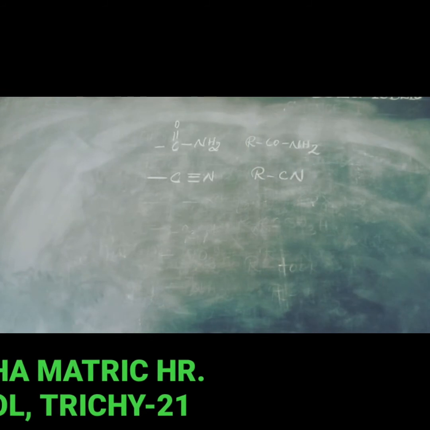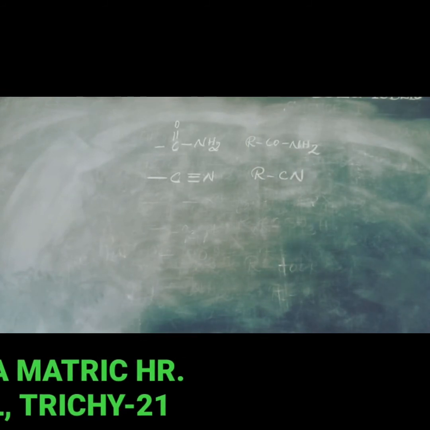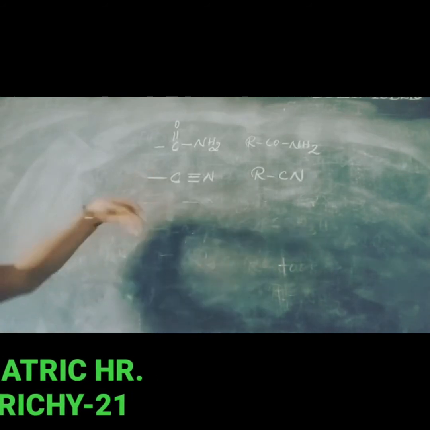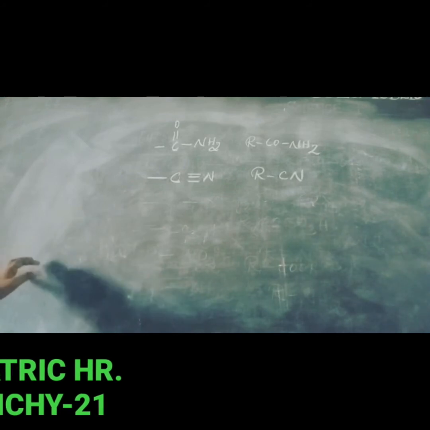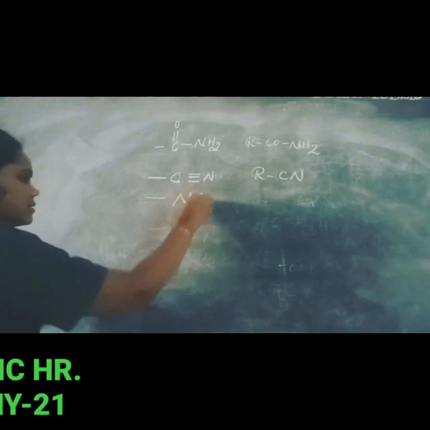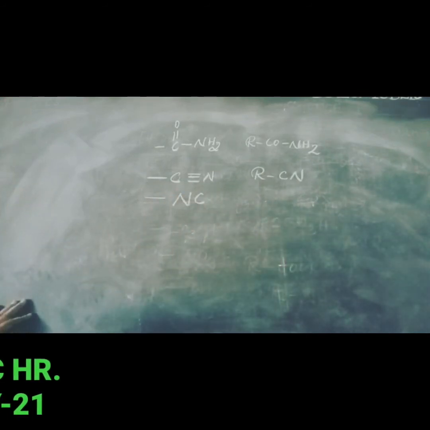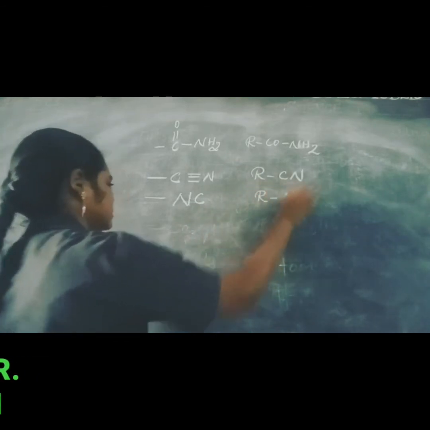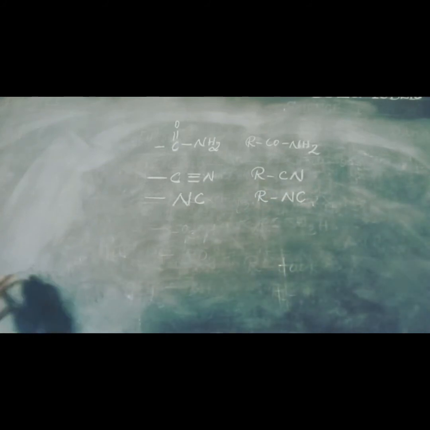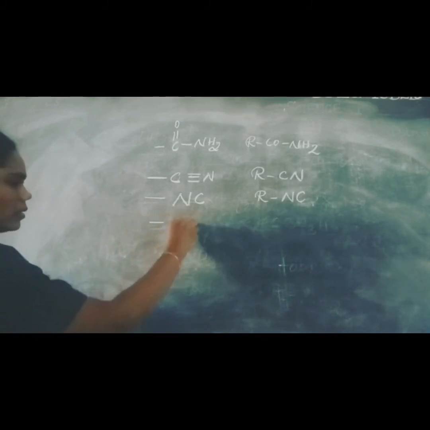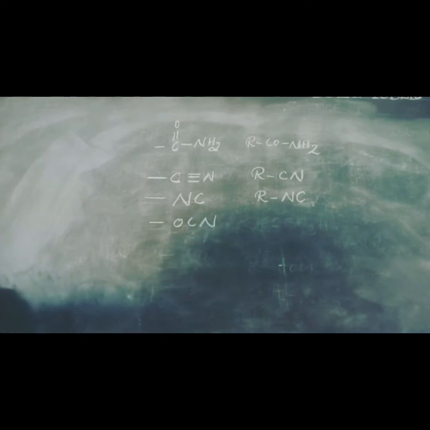And then next one, isocyanide. It is the isomer of the cyanide formula. So how to write the functional group? CN becomes NC. So this is isocyanide. How to write this one? R-NC. And next one is cyanate. Cyanate means OCN.